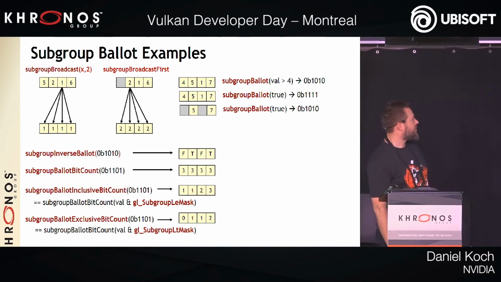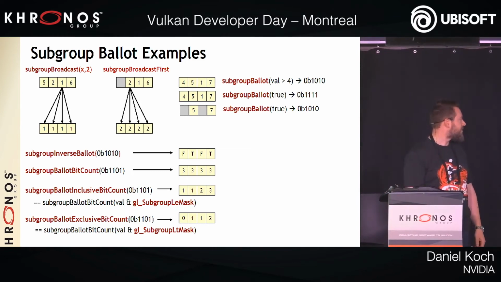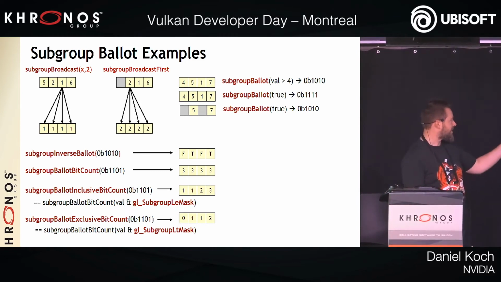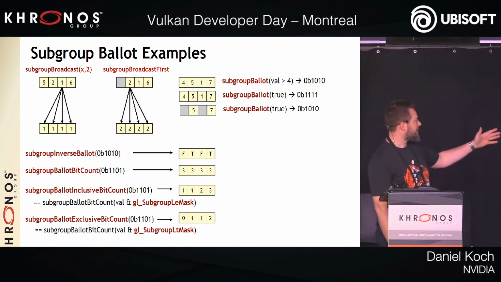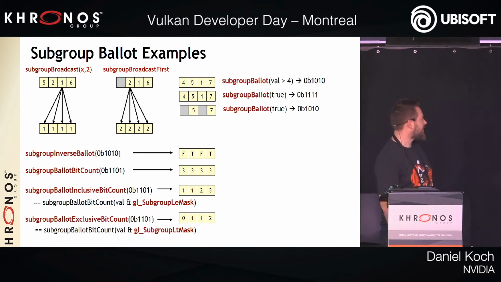So how do some of the helper functions work? Subgroup ballot inverse basically tells you whether the bit was true or false, or whether this computation was true or false. Bit count tells you how many threads, so in the first example, in 1101, there's 3 active, so each gets 3. If you do ballot inclusive bit count, it basically adds up as you go along because it's an inclusive one, including itself.